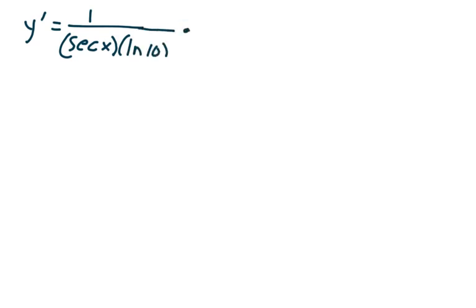So therefore, y prime is 1 over secant x times natural log of 10 times secant x tangent x. And then if you don't mind, I'm going to put that over 1. So notice how the secant x's go away.